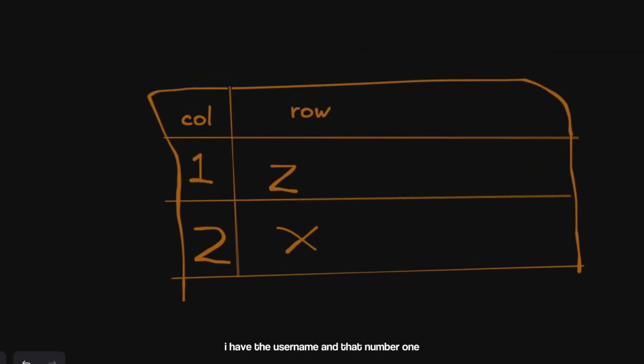In the spreadsheet, in the column, I put that number one as my ID to identify that this row is specifically for me. My Gmail and my username are stored in this row. The second person will be number two, and their data will be in the second row.